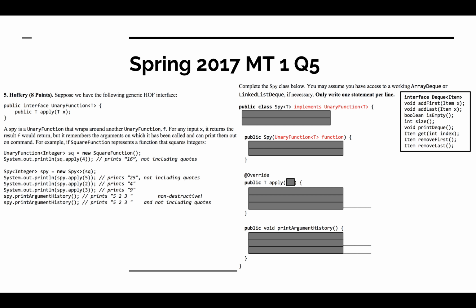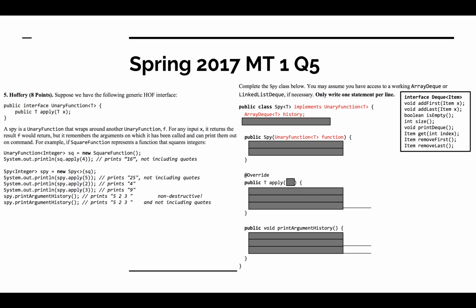Okay, so now we know how we're generally going to fill in these functions. What fields do we need to have? Like the first two rectangular blocks, what would we need to save? Yeah, so we need to save a unary function itself, so when we call apply, we can apply it.